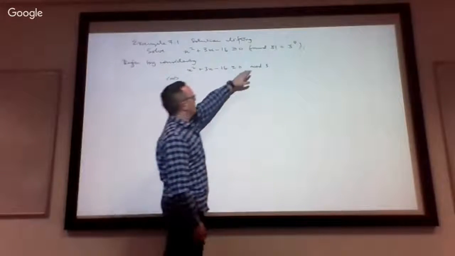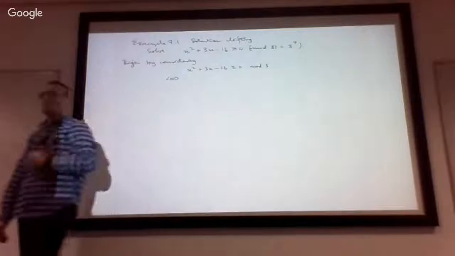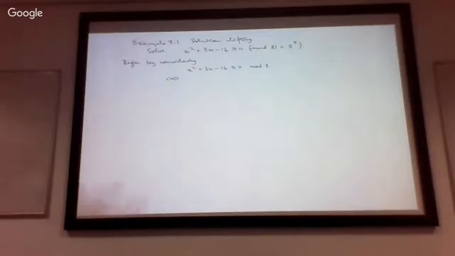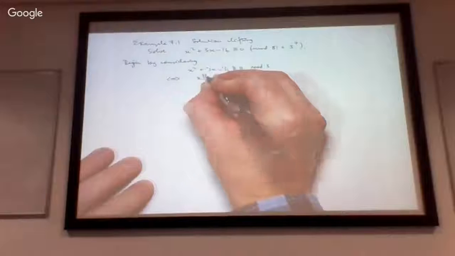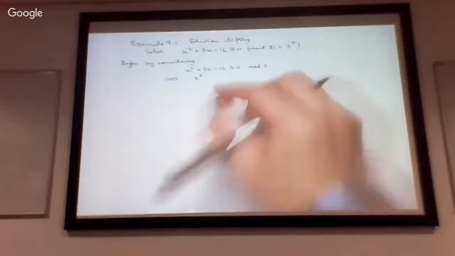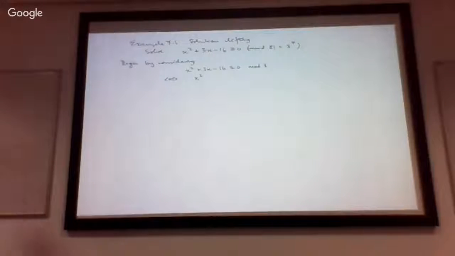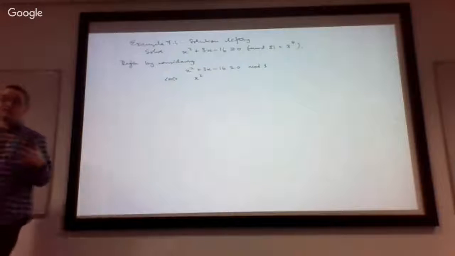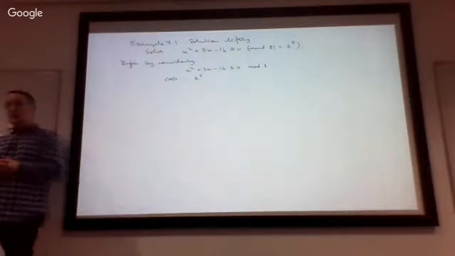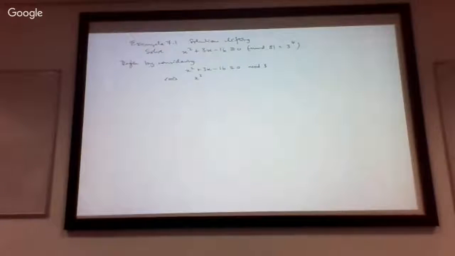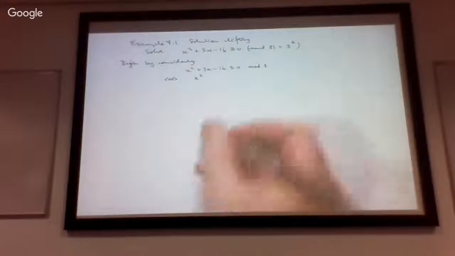But modulo 3, there is a simpler representation. The x squared is still x squared, but the 3 times x, well, that's going to be 0, isn't it? Multiplying by 3 is the same as multiplying by 0 when you're looking for solutions modulo 3. So the 3x part we can leave out.